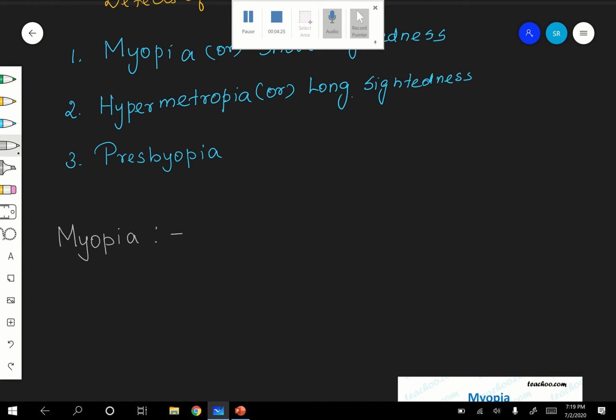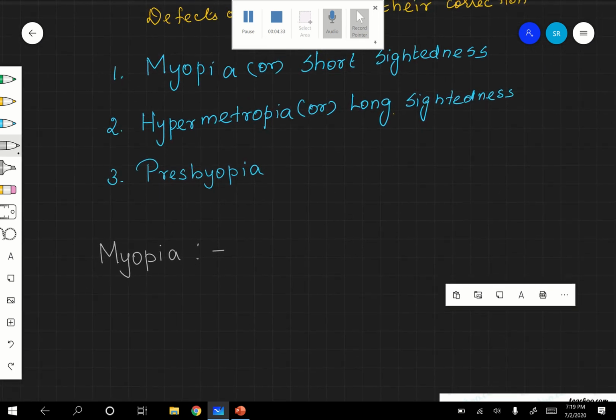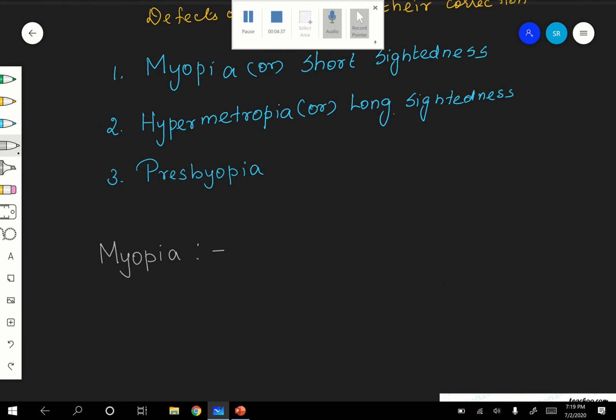We have seen that if the eye is free from any defect, that is what is called a normal eye. It is free from any defect.